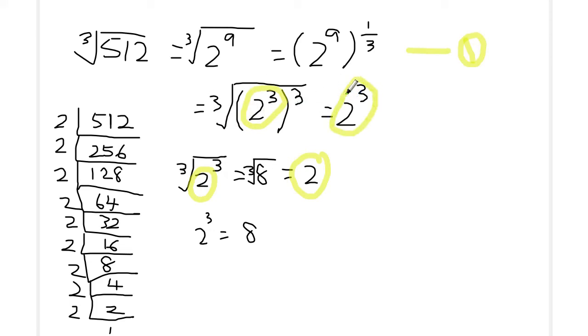Okay, and for this part, why did I say 1 over 3? Because after this, you would times 9 by 1 over 3, and this will give you 2 to the power 3. Okay.